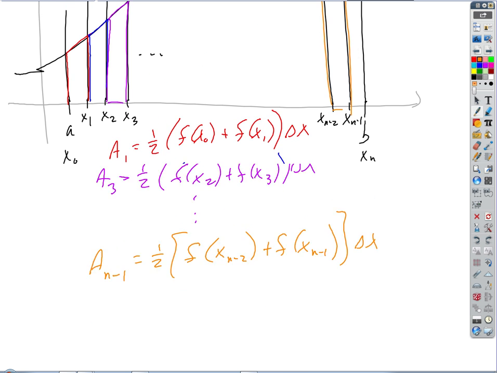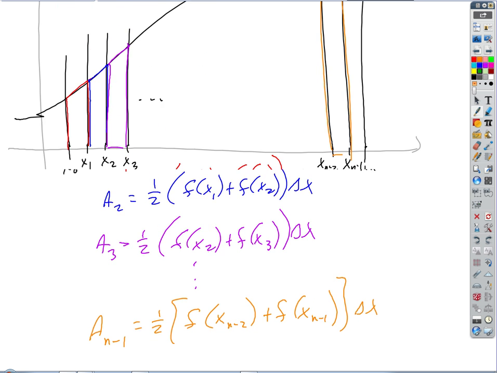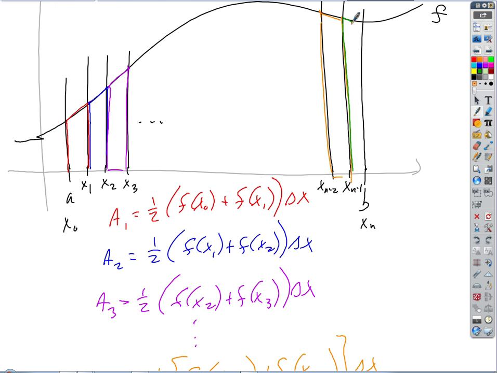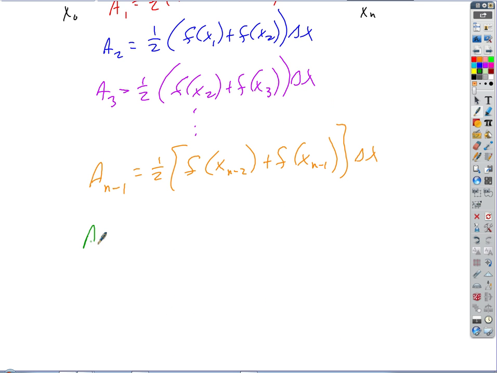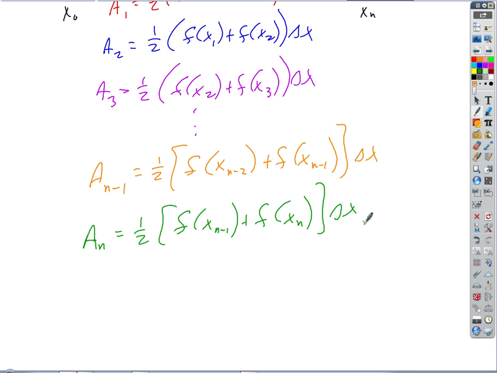And then the last one would be A sub n equals 1/2 f of x sub n minus 1 plus f of x sub n times delta x, right? And we're just going to sum all those up to get the total area.